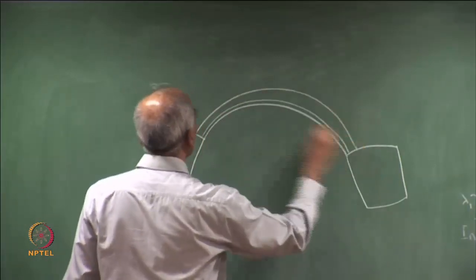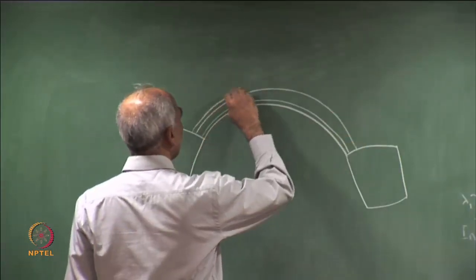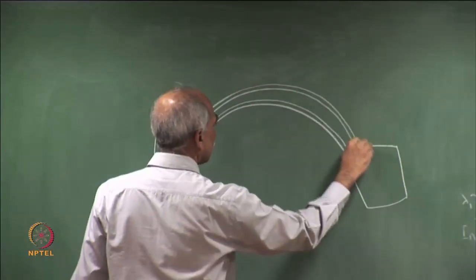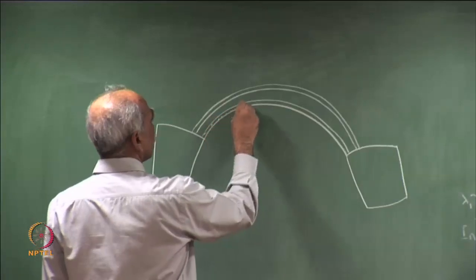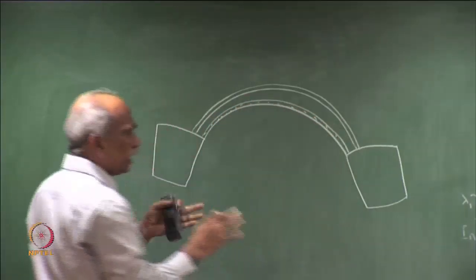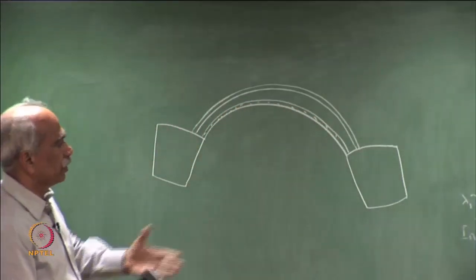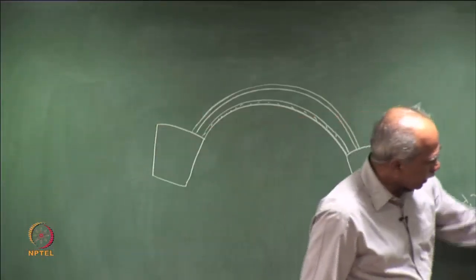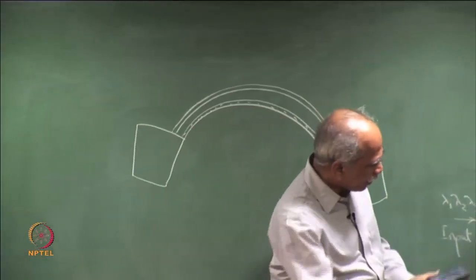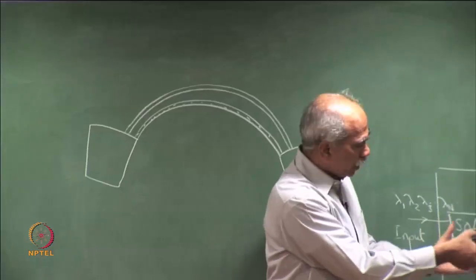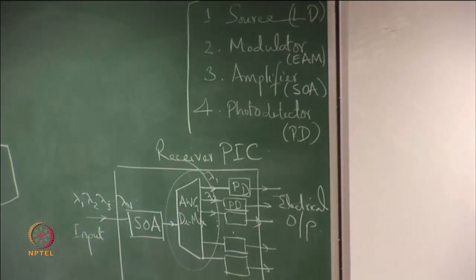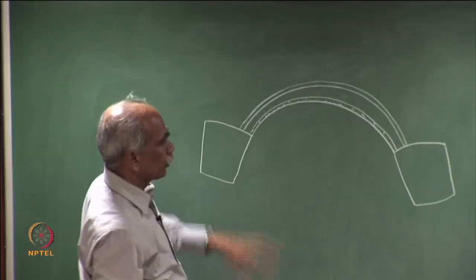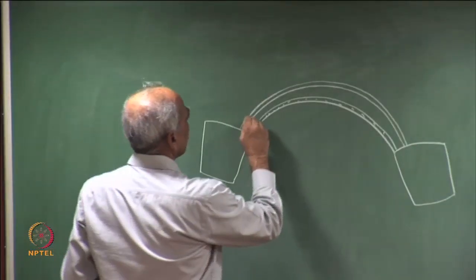I am showing only a few of them. In practice, the number of waveguides is larger. So, these are the waveguides. What we see is the top view of a chip. In all the diagrams that I have drawn here, what we have seen is the top view. So, it is looking from the top. The chip is here and what we are seeing is the top view of the chip.